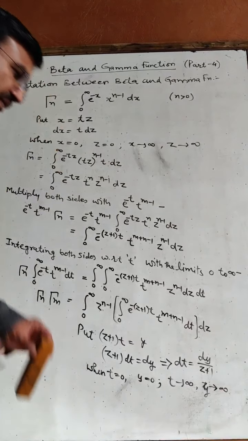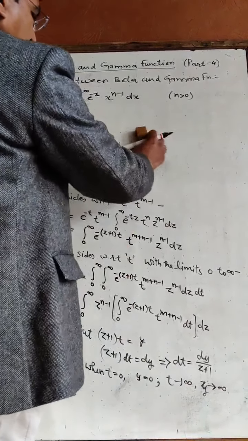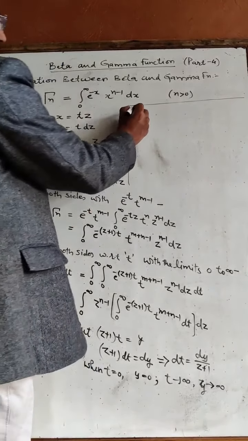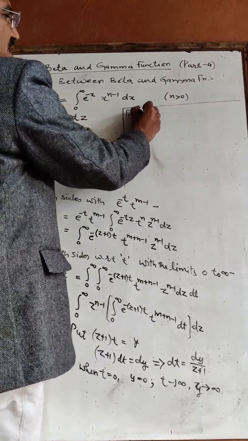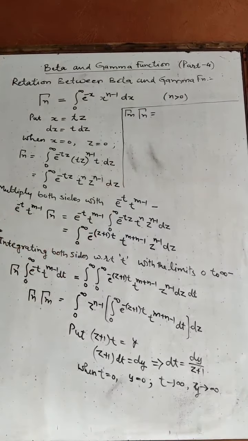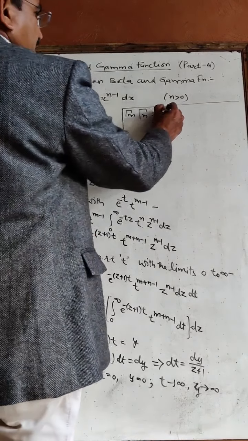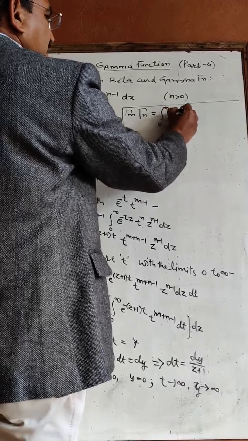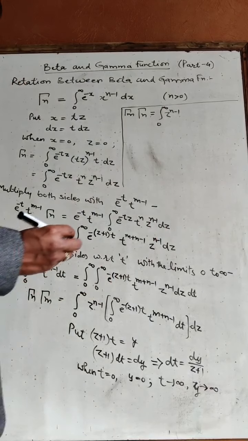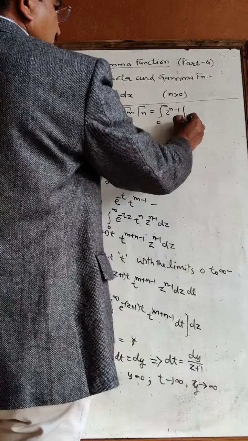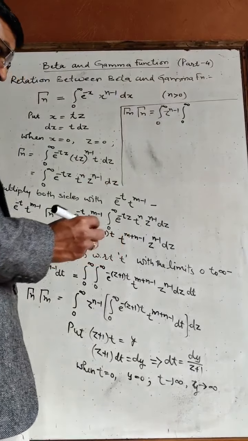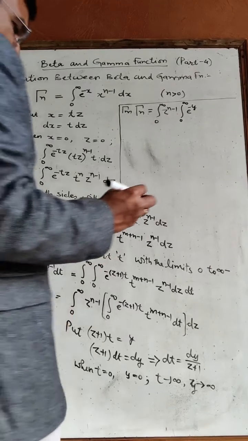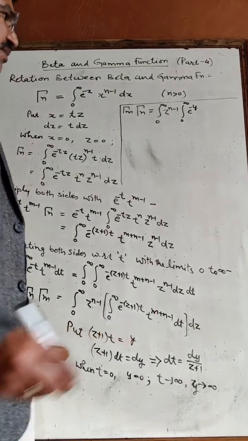So from here we can write gamma of m, gamma of n, and that is equal to integral 0 to infinity z raised to the power n minus 1, integral 0 to infinity e raised to the power minus y, and t can be written as y over z plus 1.